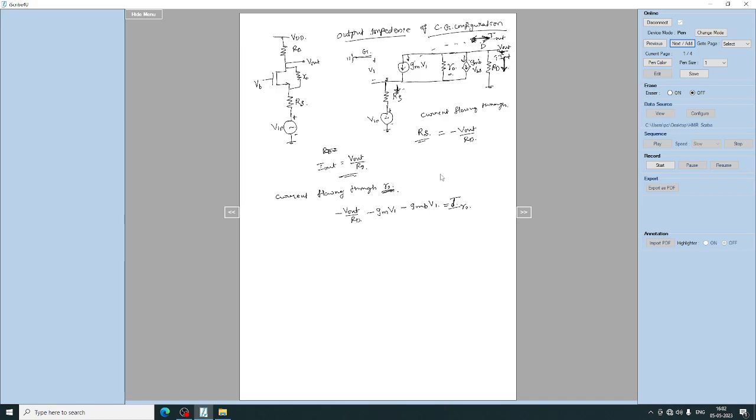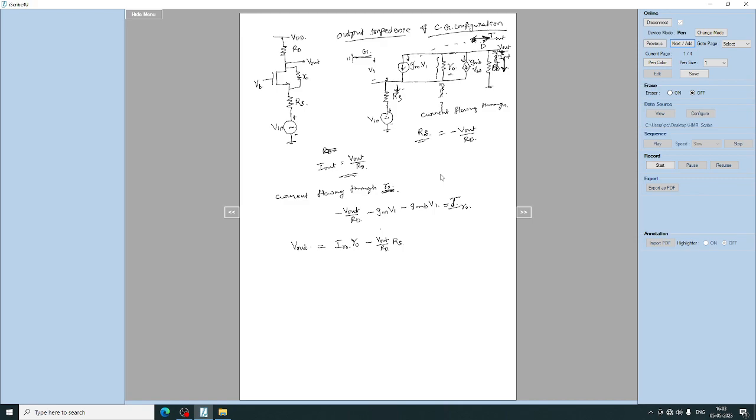Now finding my output voltage. V out is the drop across this branch plus the RS branch and V in. V out is the drop across R naught, so it is IR naught into R naught, minus V out by RD, which is the current flowing through RS.